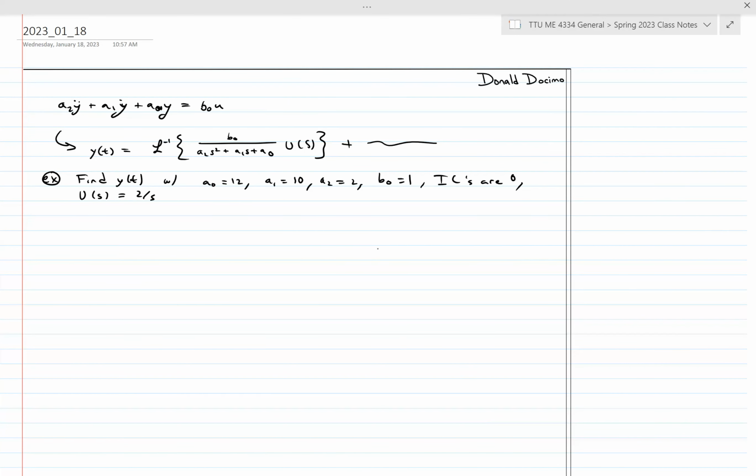Partial fraction expansion, right? So the first thing that we would probably do, even before we get there, just to be fully complete, is to plug in what u of s is to this, right? So we would plug in a 2 over s for this. Now, if we want to do partial fraction expansion here, how are we going to approach that?